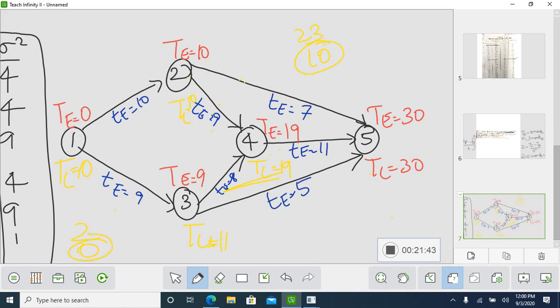So you will obviously take 0. So this is the TL value. So you will now do the slack. So what is our slack here? This is slack. This is equal to 0. This is equal to 0. This is equal to 0. This is equal to 0. So how will we connect?